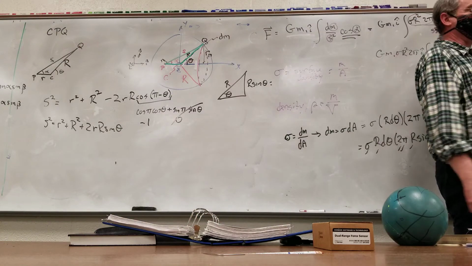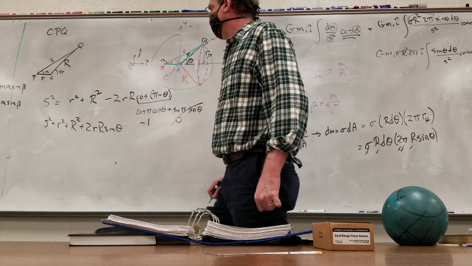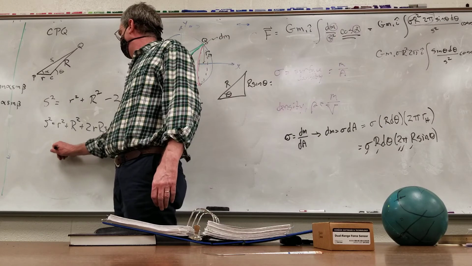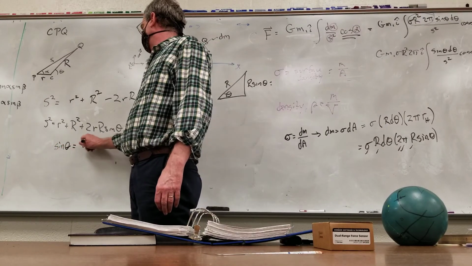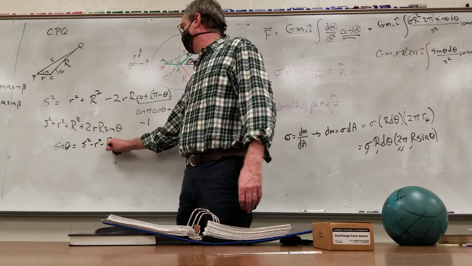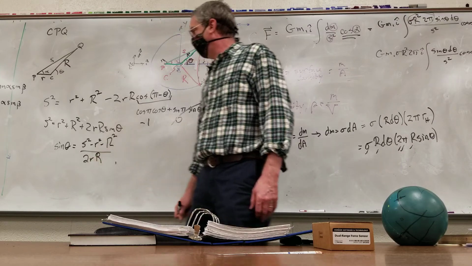So we're actually solving for cosine of theta now, not cosine alpha, as I mistakenly said earlier. Cosine of theta, therefore, is s squared minus little r squared minus big R squared divided by 2 little r big R.